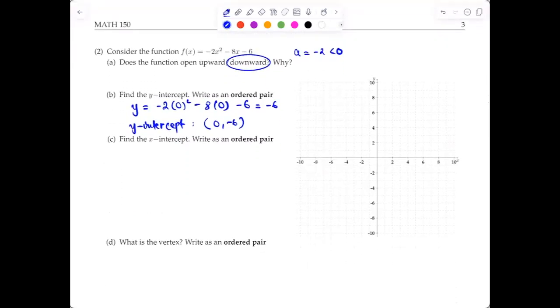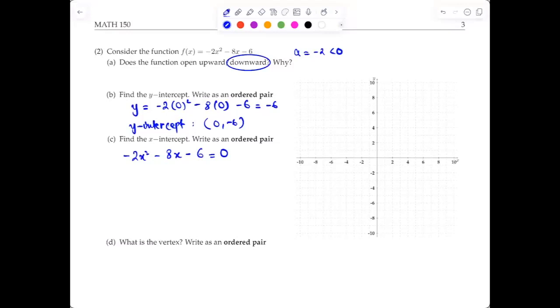For the x-intercept, y equal to 0. So you set -2x squared minus 8x minus 6 equal to 0. At this point, you know how to factor quadratic equations, right? But before factoring, let's reduce this equation a little bit by dividing both sides by -2.